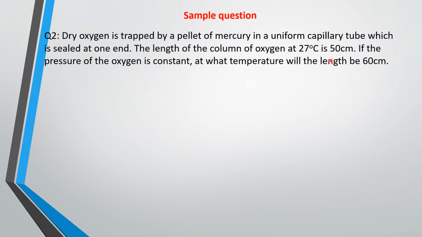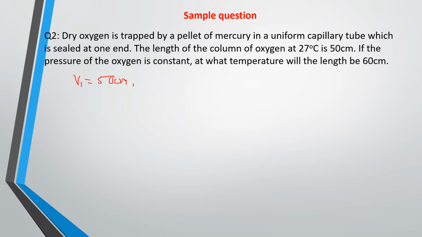Now here, the length of the trapped gas is equal to its volume. Is that okay? That is exactly what we're going to use to solve this problem. Here you are given that your V1 is equal to 50 centimeters.